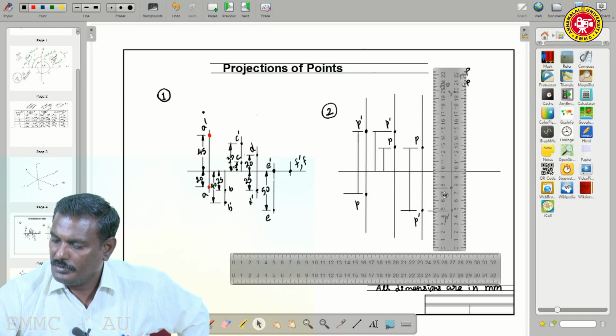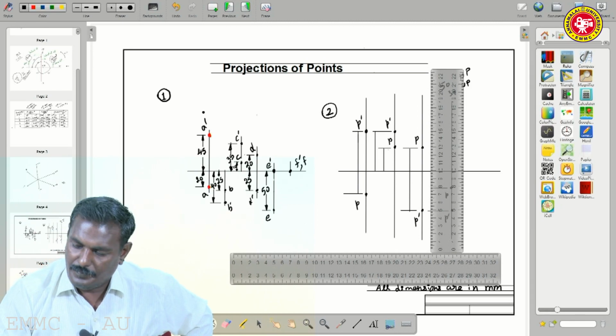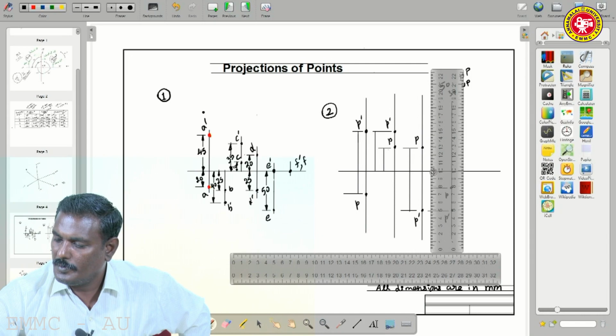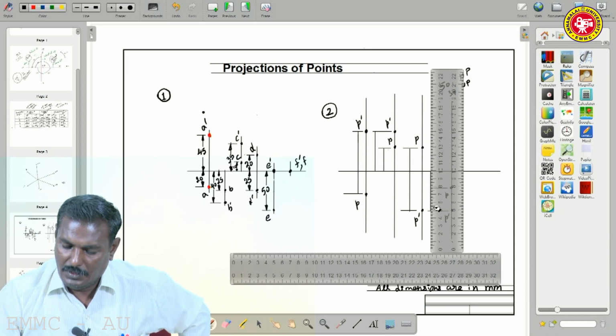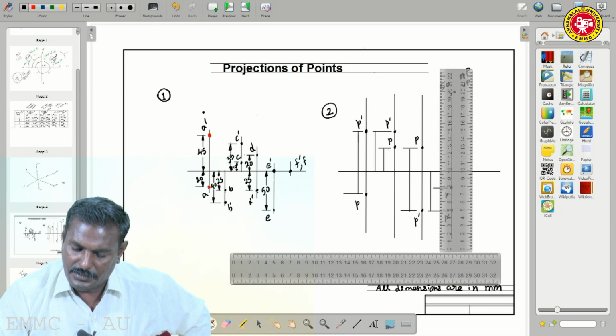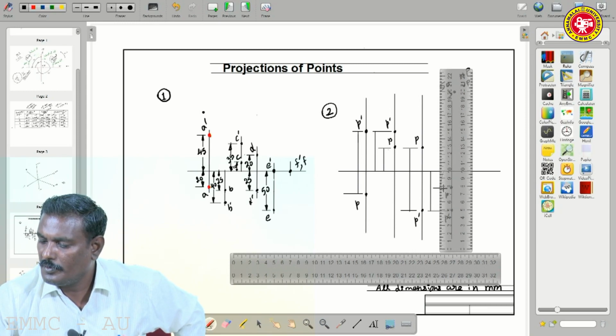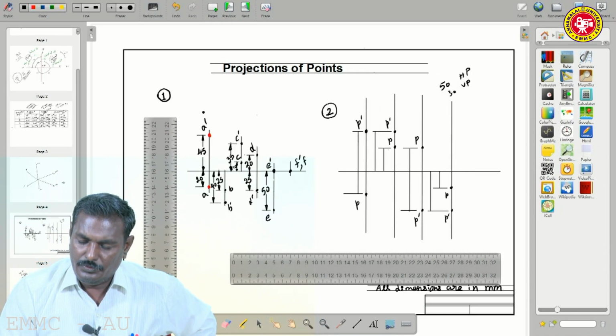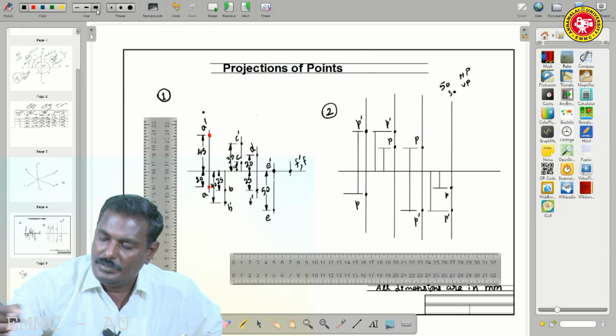Next, that is a dimension line. Similarly for this. After completion, now arrowheads.